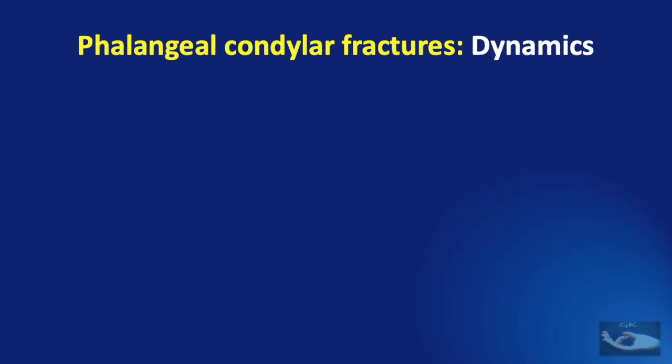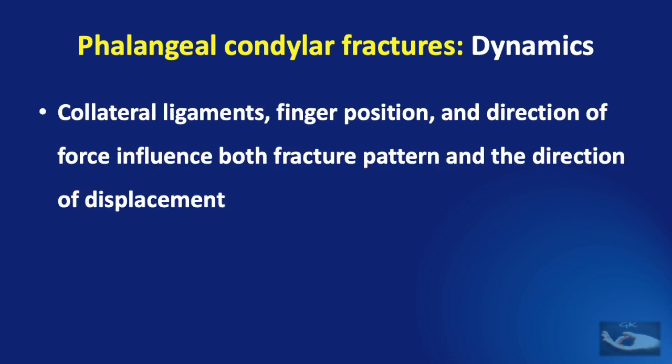Movement is the most important function of these interphalangeal joints, of which the head of the phalanges forms an important part. The collateral ligaments, the finger position at time of injury, and direction of force influence both the fracture pattern and the direction of displacement.